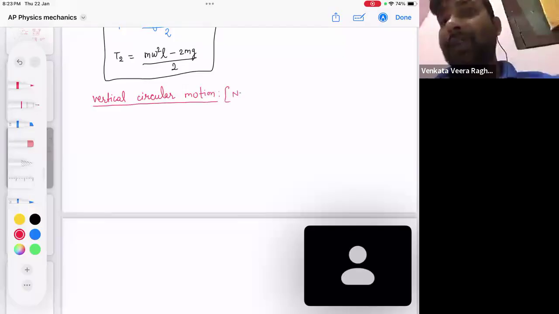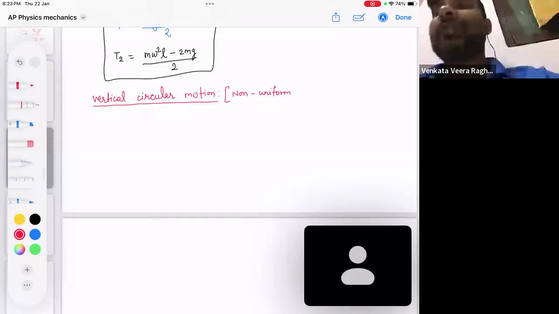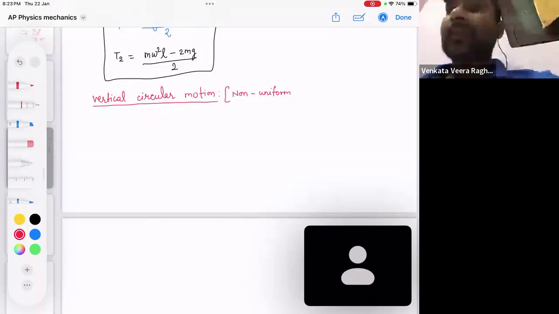Okay, so let me discuss the vertical circular motion. And in the vertical circular motion, we will need to apply the work energy theorem also. Although it is the next chapter for us, work energy power, where we will discuss the work energy theorem in detail, here also we need to apply it in the vertical circular motion. So a little bit I will tell you about the work energy theorem.